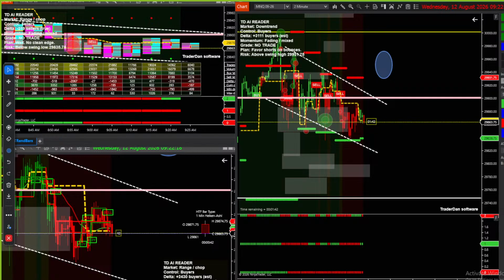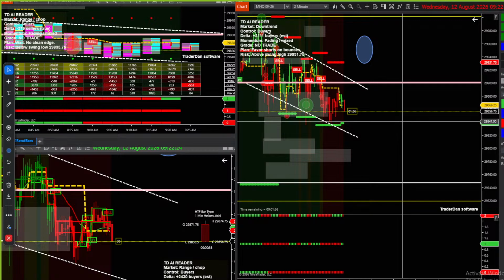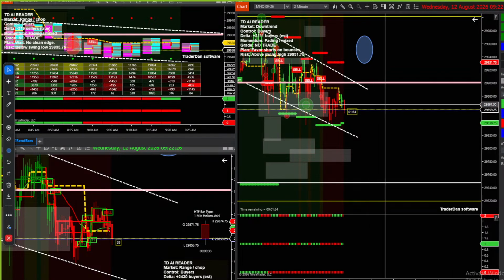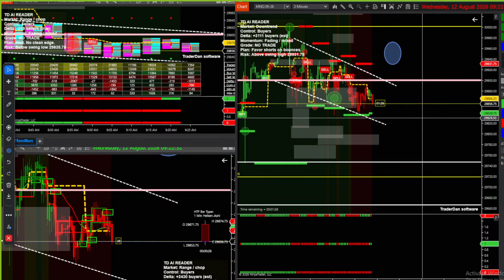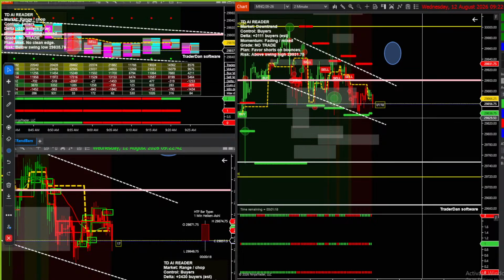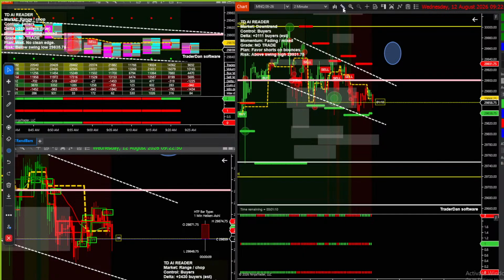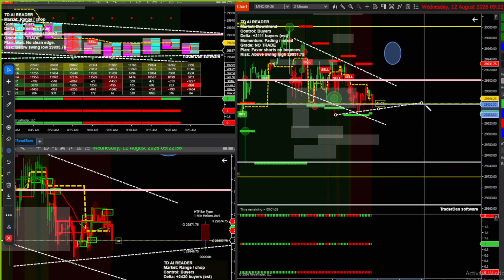Just stalls here. Red VWAP here. I think we got to play the short side here. I just have no idea here, man. The way this market's been playing all morning, it's been ugly.